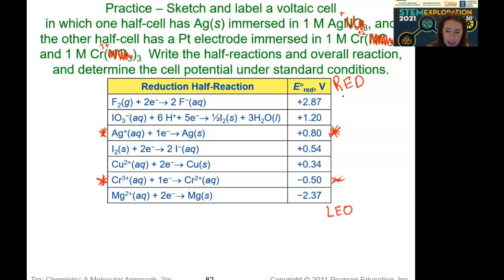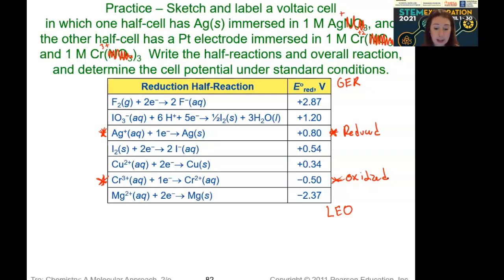So that means that this one will be reduced. I'm going to use GR, gain electrons reduced. So this one right here, this one's going to be reduced. And that means that this one's going to be oxidized.